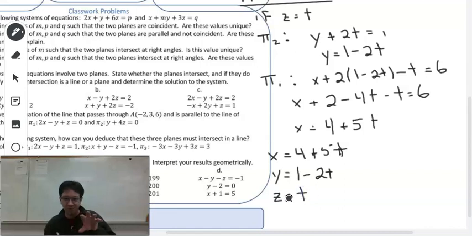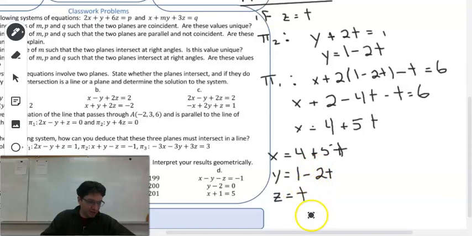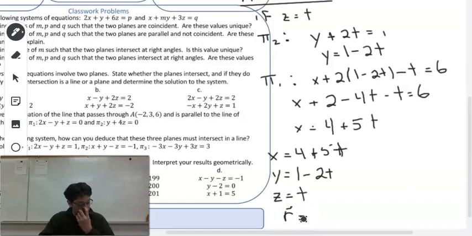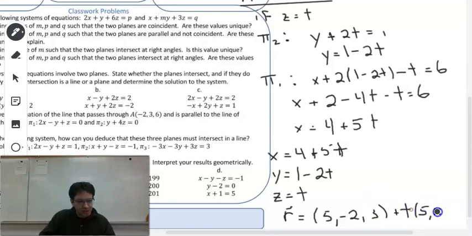Now from that we can pick out the direction vector, because again the direction vector for the line of intersection between the two planes is the same as the direction vector for the line we're looking for, because those lines are parallel. Our direction vector here will be our coefficients with t, so 5, -2, and 1. So r equals, our vector equation will be the point P on the line, which is 5, -2, and 3, plus t, and our direction vector, 5, -2, and 1.